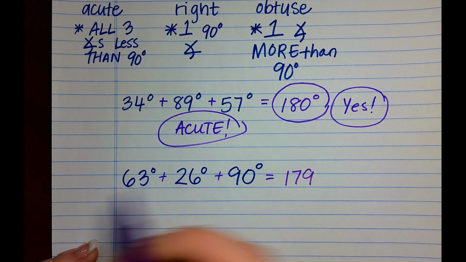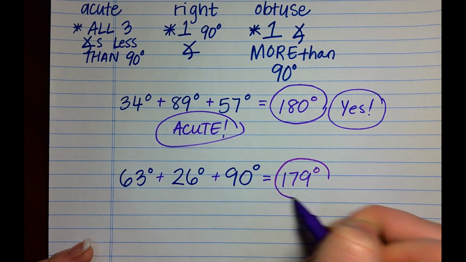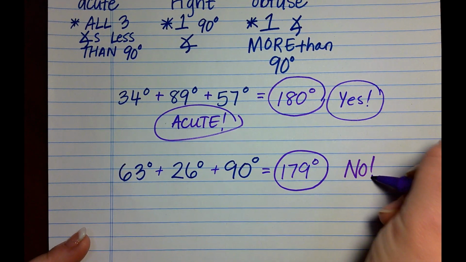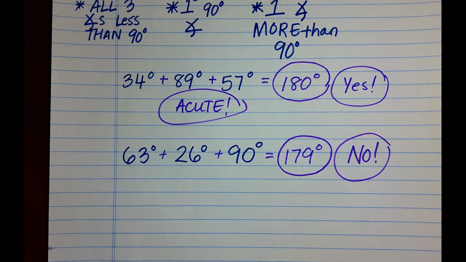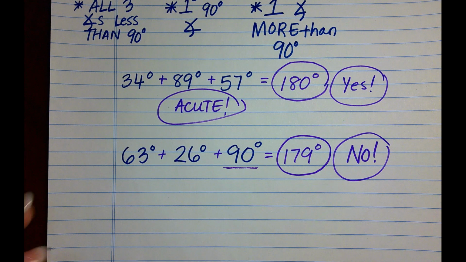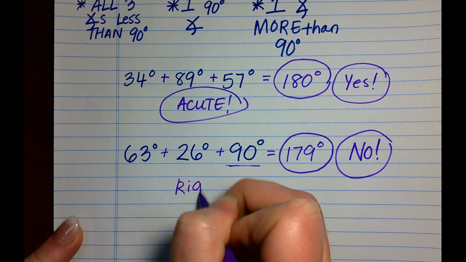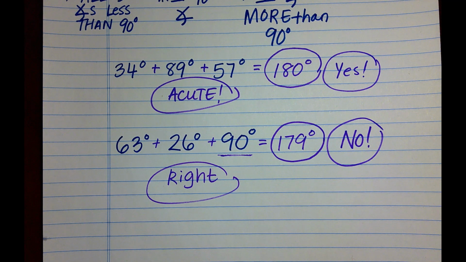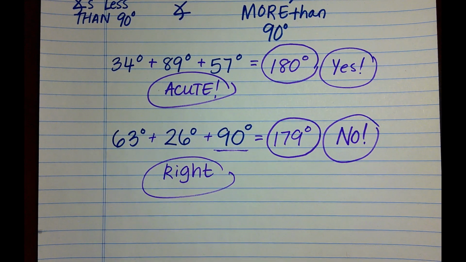When I add them together, it does not add up to exactly 180 degrees. So it is not a triangle. If it was a triangle, though, what kind would it be? It would be a right triangle, because it has a 90-degree angle. Good. That makes sense to y'all? Okay, cool.